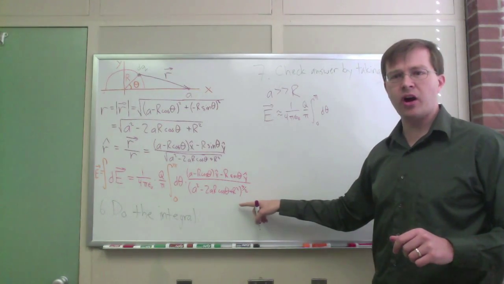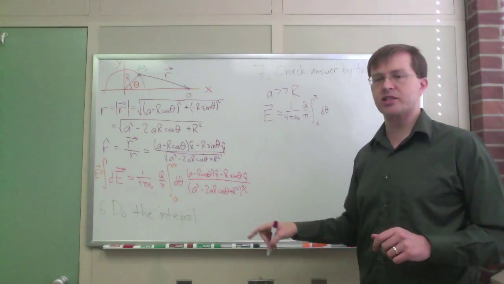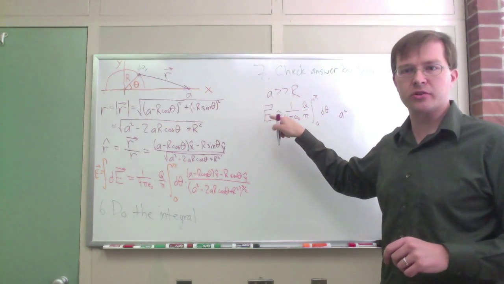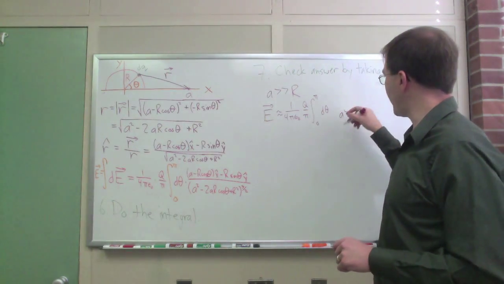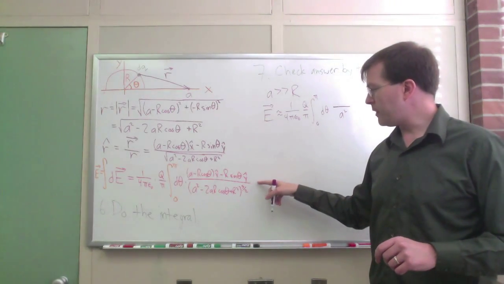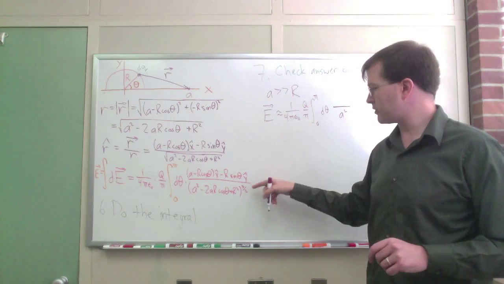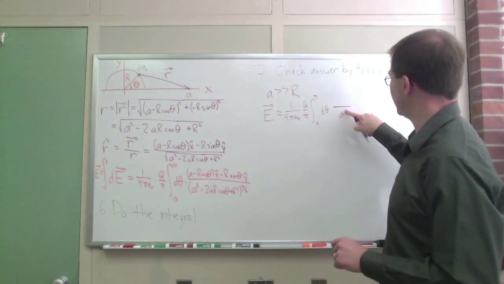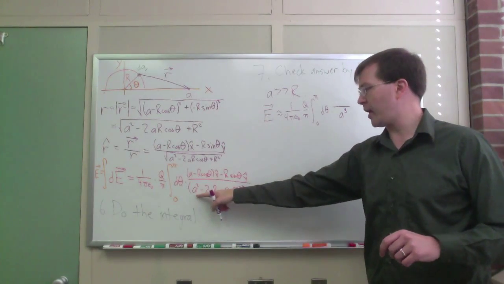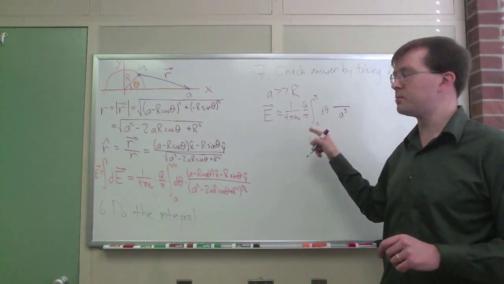If a is much greater than r, the only term that's going to matter there is the a squared. I've got my approximately equal here, so I get to do all sorts of crazy stuff. I've got my a squared in the denominator, to the 3 halves. That's important. A squared to the 3 halves power is a cubed down there.